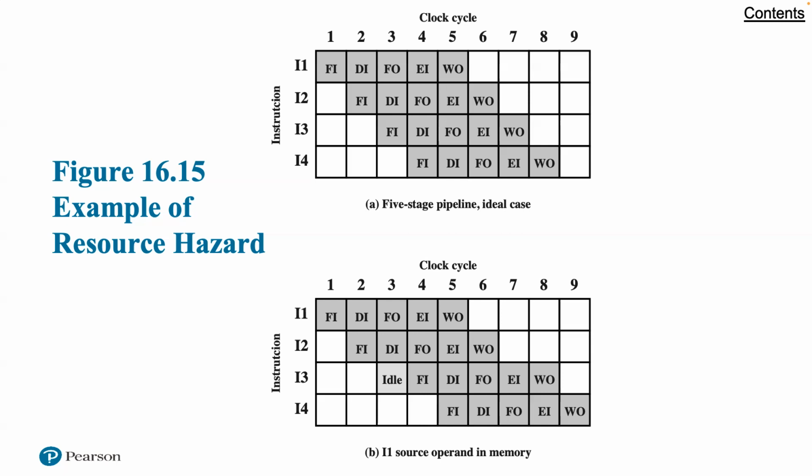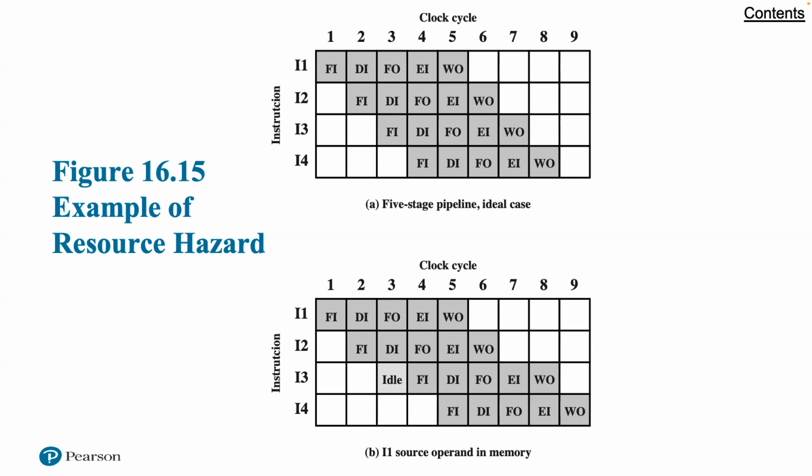This is illustrated in figure 16.15b, which assumes that the source operand for instruction 1 is in memory rather than a register. Therefore, the fetch instruction stage of the pipeline must idle for 1 cycle before beginning the instruction fetch for instruction 3. The figure assumes that all other operands are in registers.